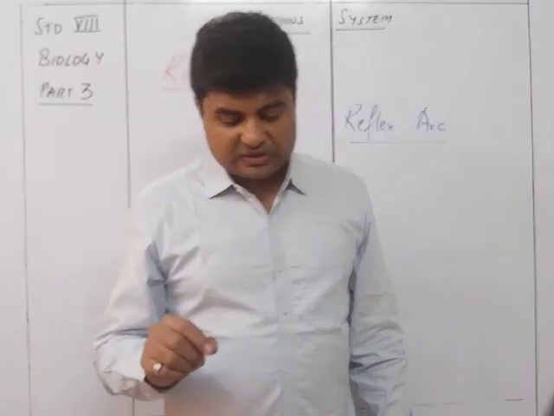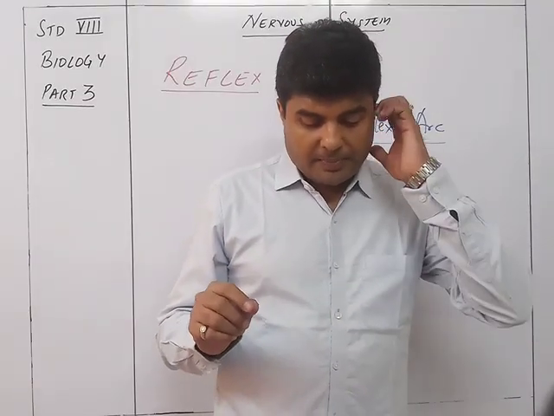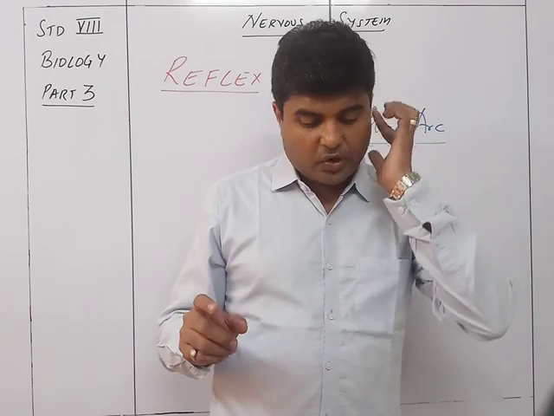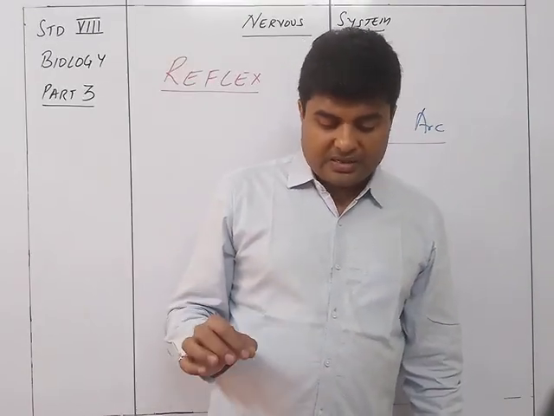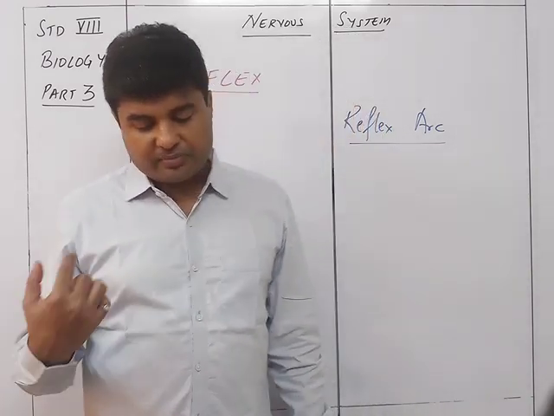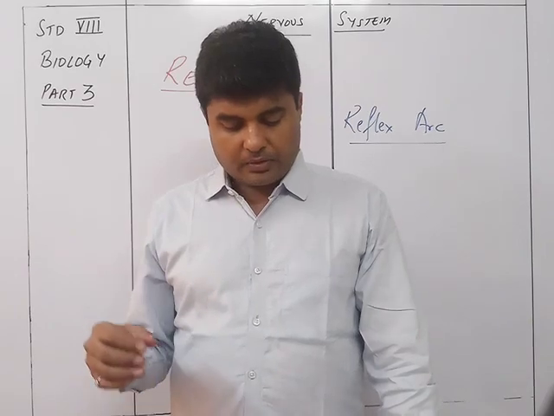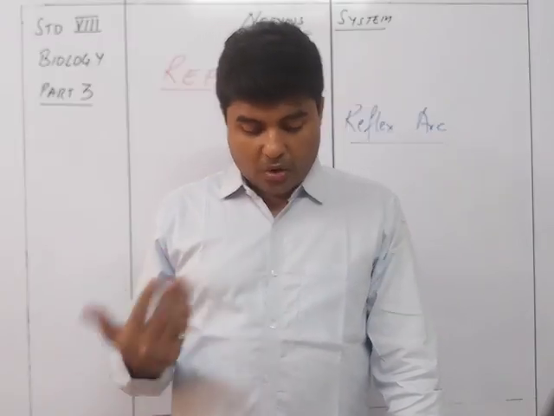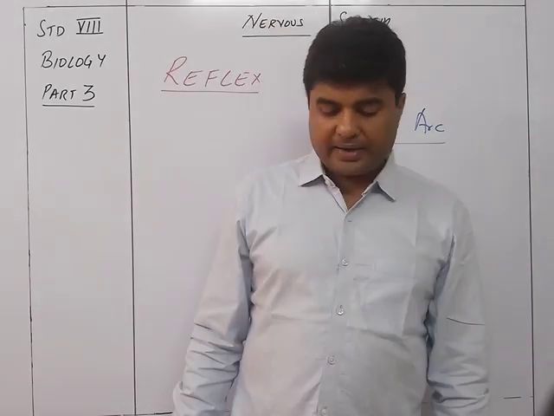The impulse passes across the relay neuron or interneuron present between the sensory and the motor neuron, to the motor neuron. The impulse travels along the motor neuron away from the spinal cord. The nerve endings of the motor neuron connect to the effector organ or muscle, and finally the response is produced by the effector organ or muscle.